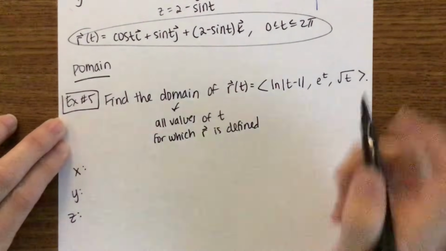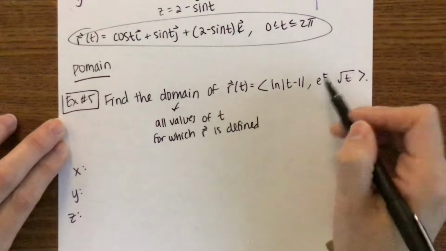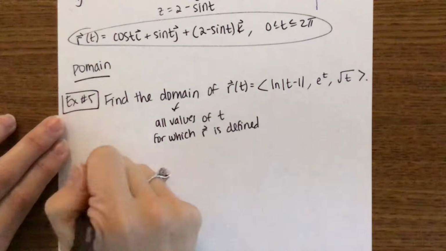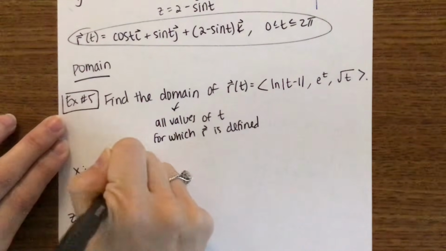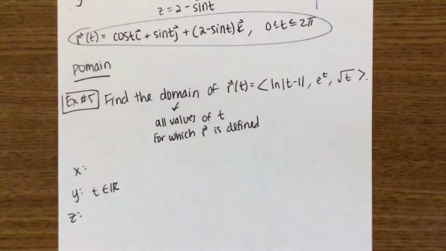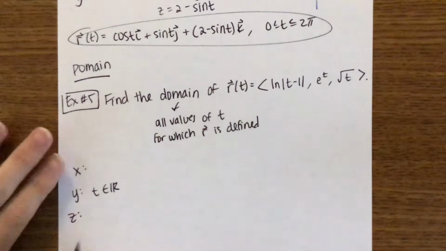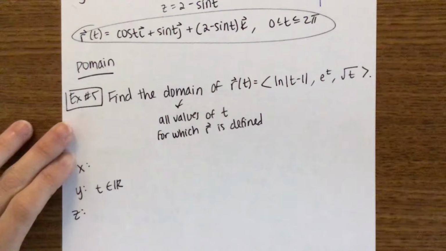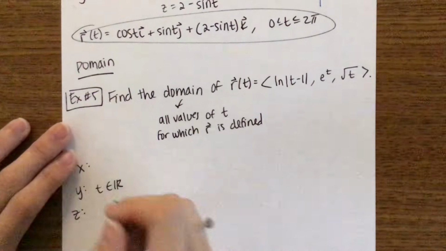Okay, y is the easiest. e to the t: for what values of t is that function defined? All real numbers. So based on y, t has to be a real number. Based on z, the square root of t, for what values of t is that function defined? Greater than or equal to 0.